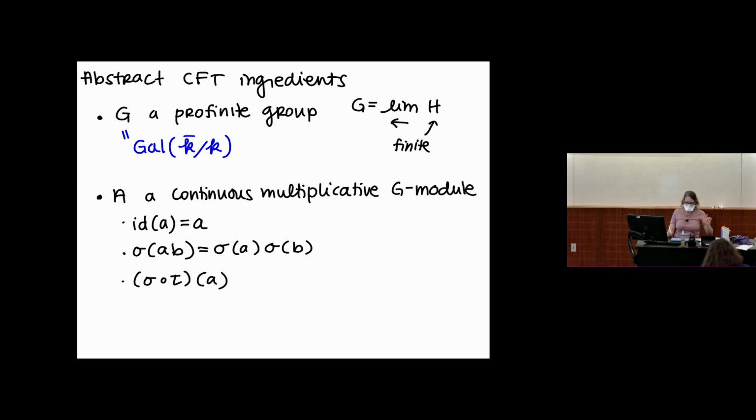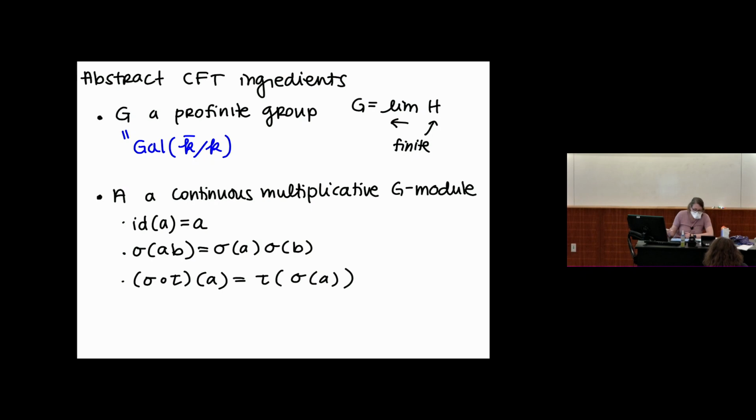You want to also be able to multiply in G, but really the G action should be on the right, and I'm writing it on the left. That's why I have to switch the order of the tau and the a. If you've ever wondered why there are right and left actions, it is because of the order in which the G elements have to be applied.